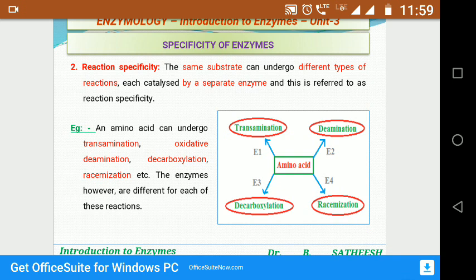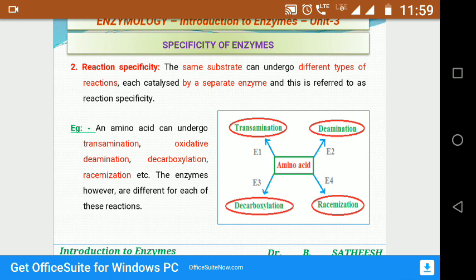They carry out different reactions. Suppose we have an amino acid and enzyme 1, E1, will carry out a transamination reaction for that amino acid, and E2 will carry out a deamination reaction, E3 will carry out a decarboxylation reaction, and E4 may carry out a racemization reaction.